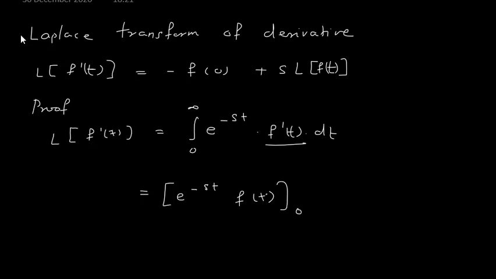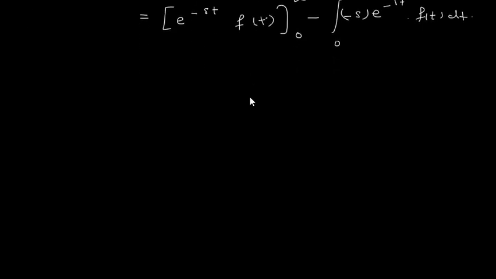The limit will be 0 to infinity, minus, I will differentiate e raised to minus st, which gives me minus s into e raised to minus st, into f of t dt. So here we will put the limits.